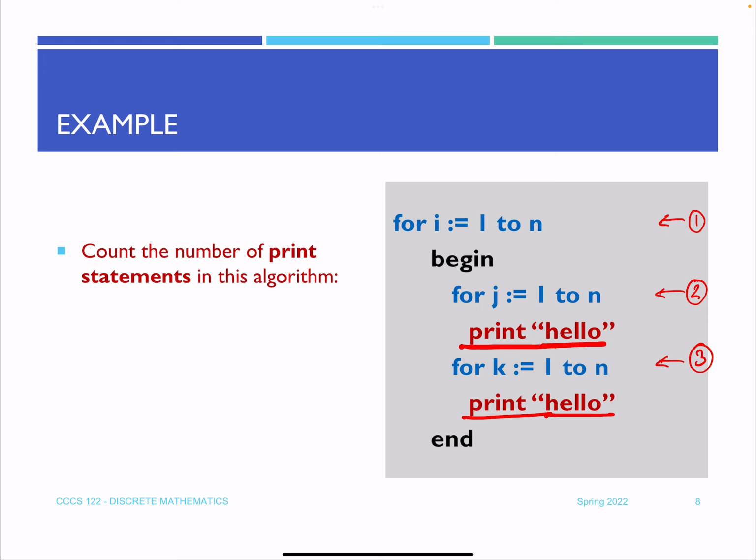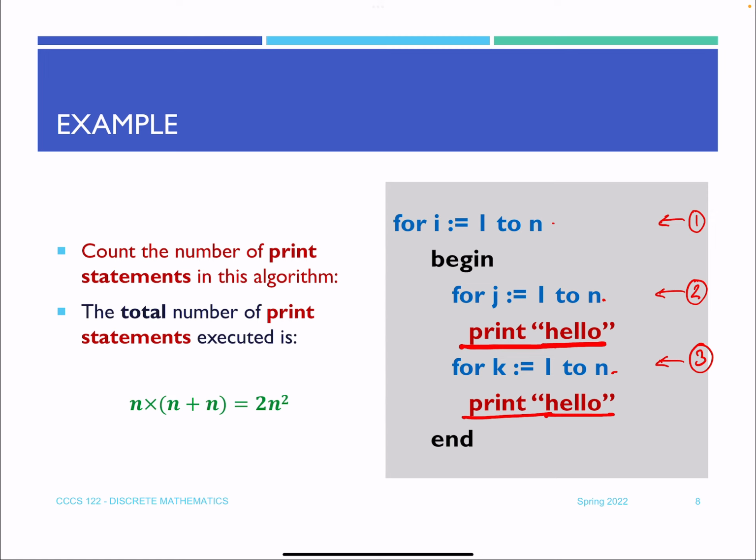Now, to keep matters a little simple, each loop runs for exactly n iterations. So the total number of print statements in this case will be, inside the first loop, it'll happen n times, and then after that another n times.